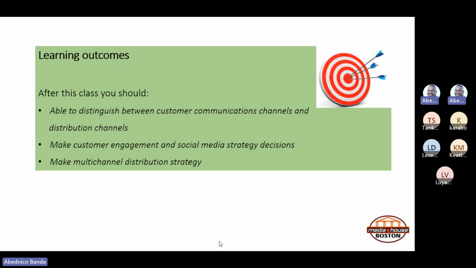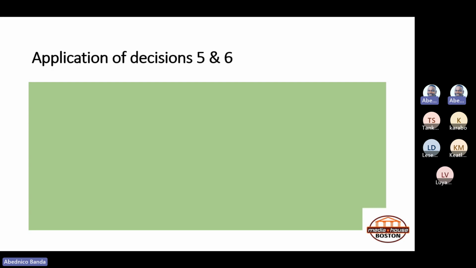Kia, are you the one who was here on Tuesday, right? Yes, sir, it was me. So there are a couple of things that we discussed on Tuesday, and now we are going to be doing an application on those things. You need to apply decision 5 and 6 on a given case study.